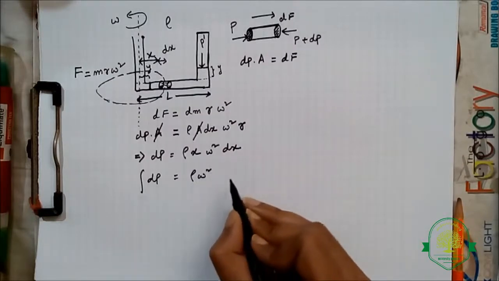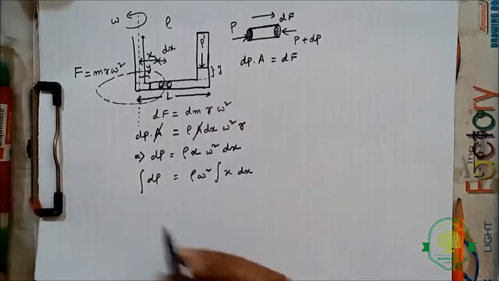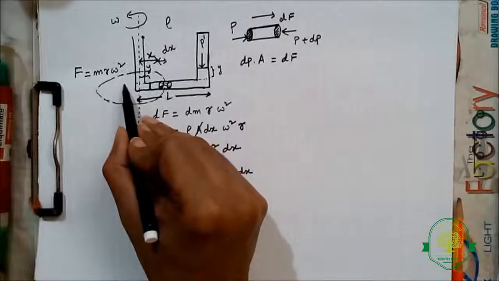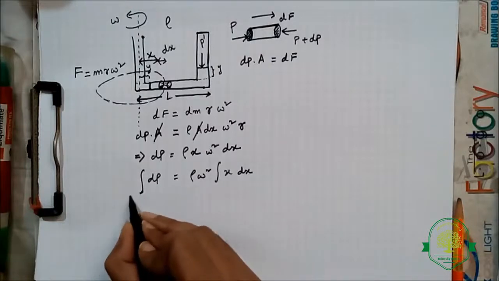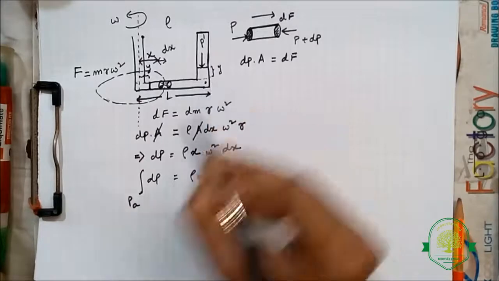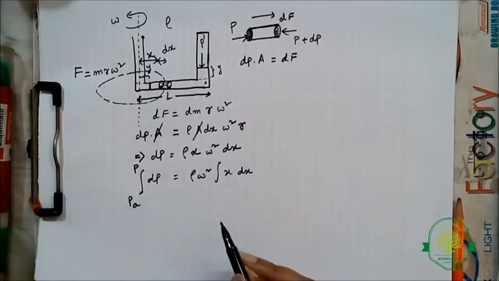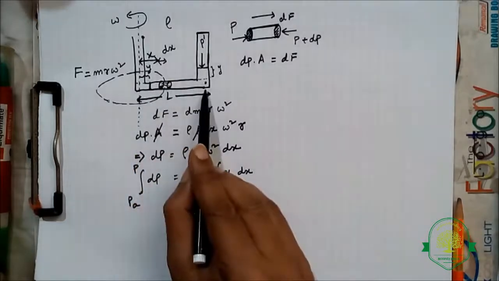So rho omega squared is constant. The pressure acting from this side is just atmospheric pressure, PA. The pressure here, let me call it just P, and X starts from Y and goes up to L.